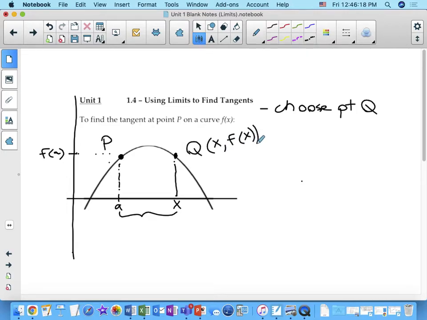That would be the coordinates of those points, right? This point would be a, f of a. So point Q is going to be x, f of x.